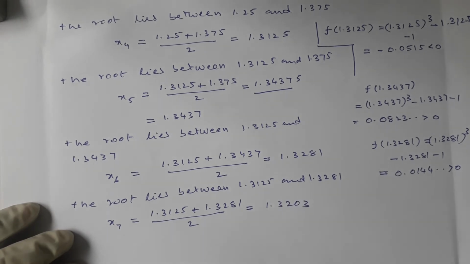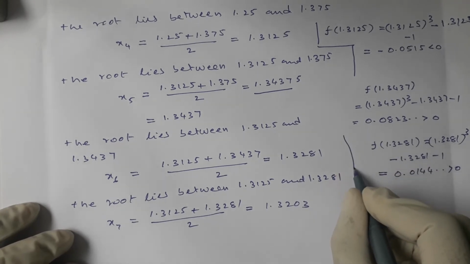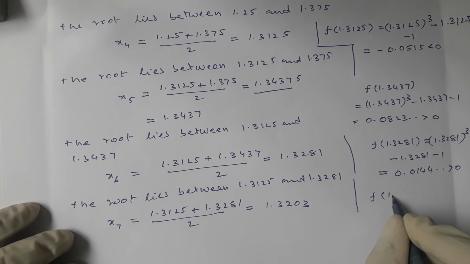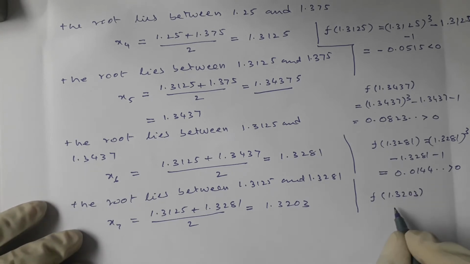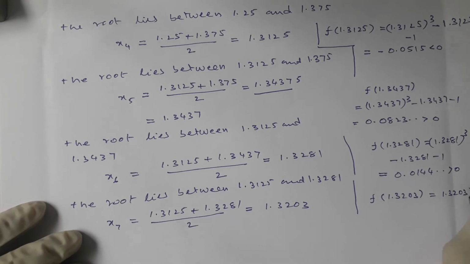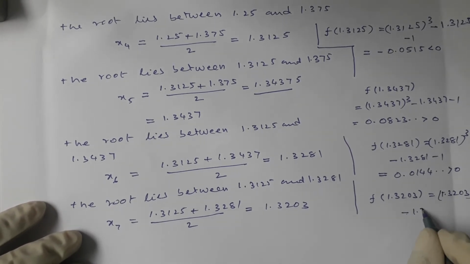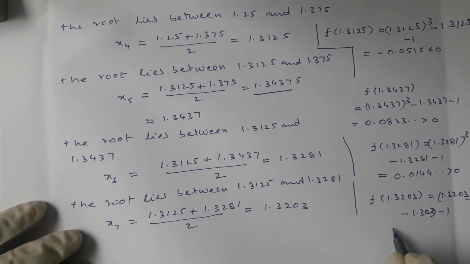Again put this value: f of 1.3203 is equal to 1.3203 whole cube minus 1.3203 minus 1.